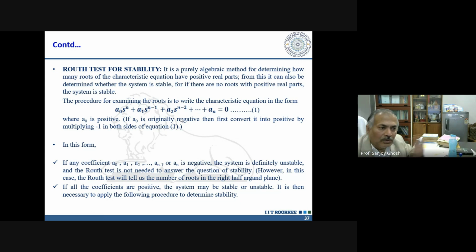Just get the characteristic equation in the Laplace domain. This S is there, that means Laplace domain. If all the coefficients are positive, then understand the system is stable. There is no danger of instability at all.